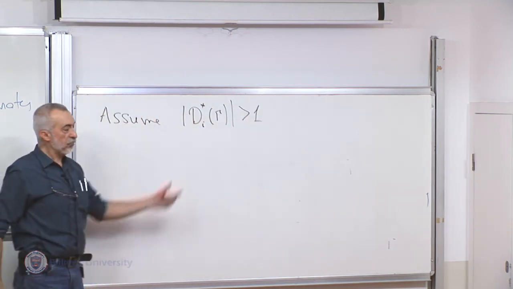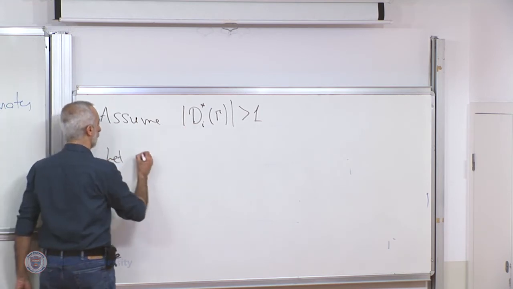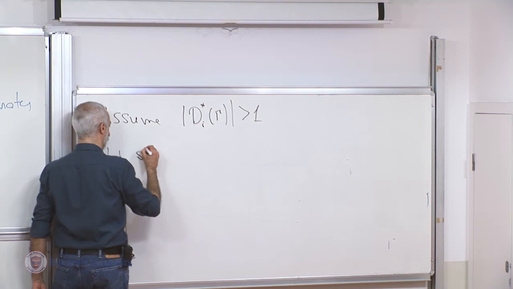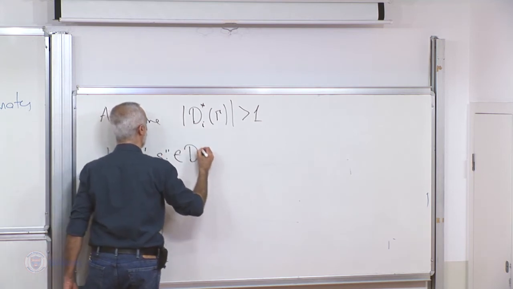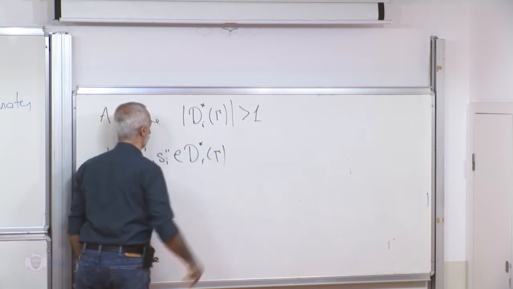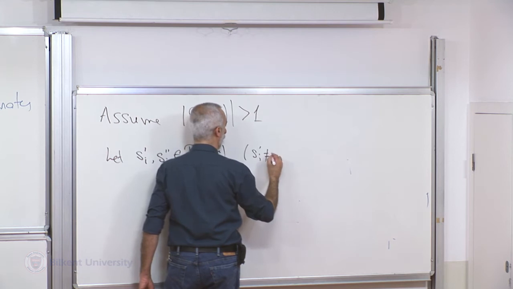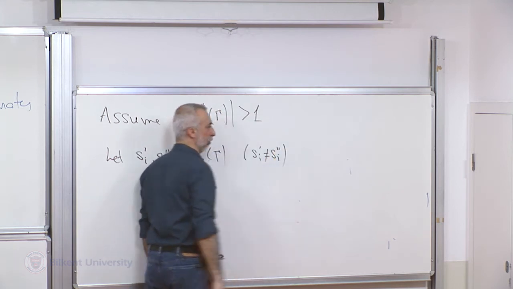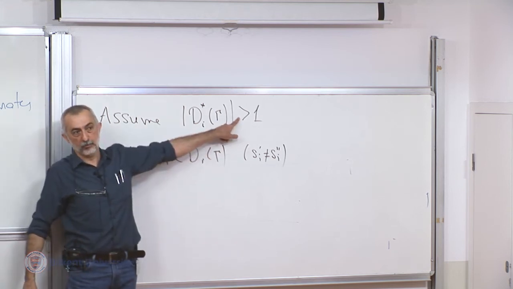Then it means that it has at least 2 elements. So let Si prime, Si double prime both be elements in Di star of gamma. Here, Si prime is different than Si double prime. I know that 2 such elements exist because there's more than 1 element.